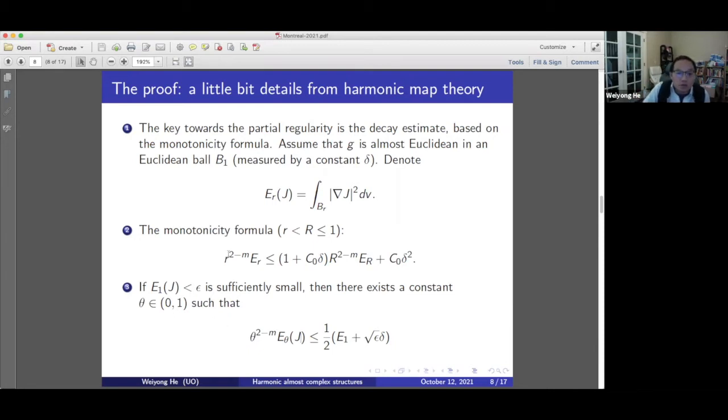So the monotonicity formula together with this decay estimate, I think that does not work in general for a structure equation with similar ones, but higher order estimates work for very general semi-linear systems.